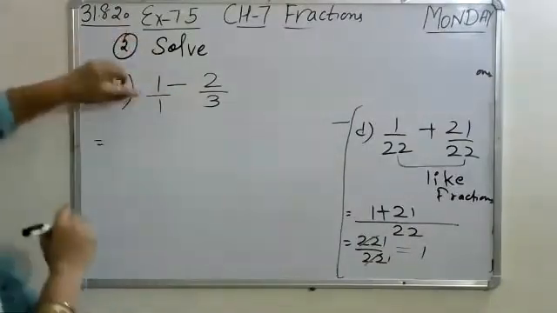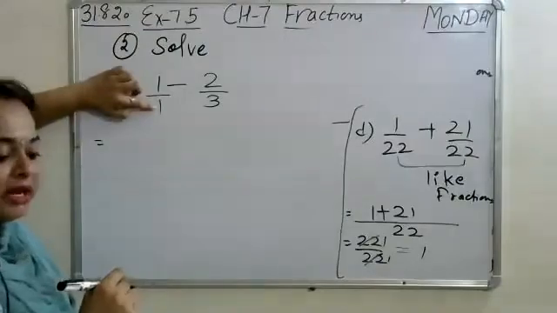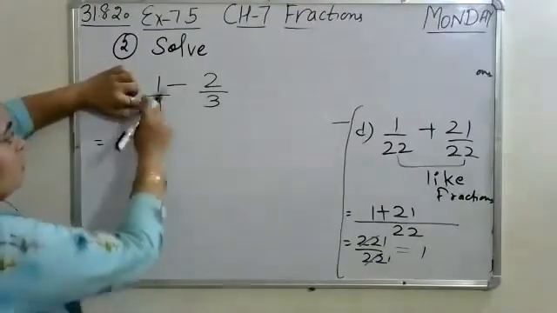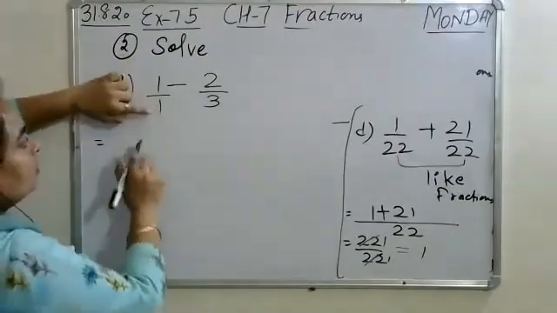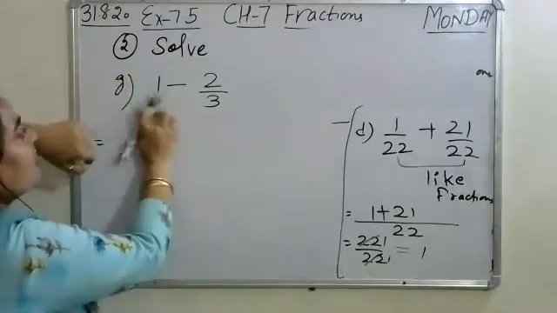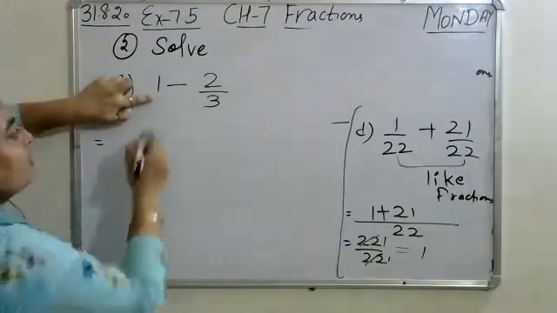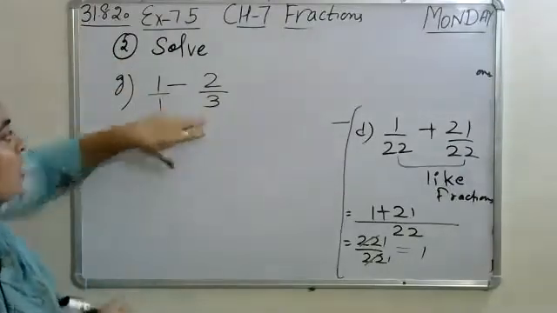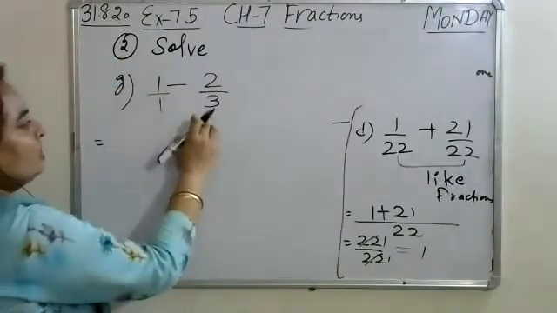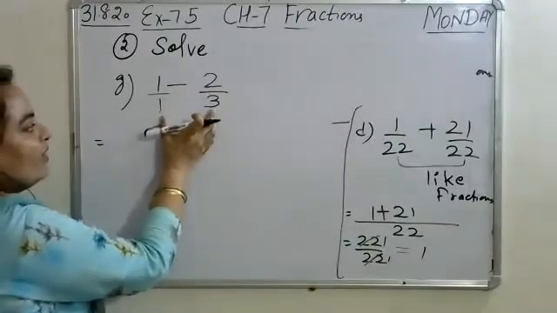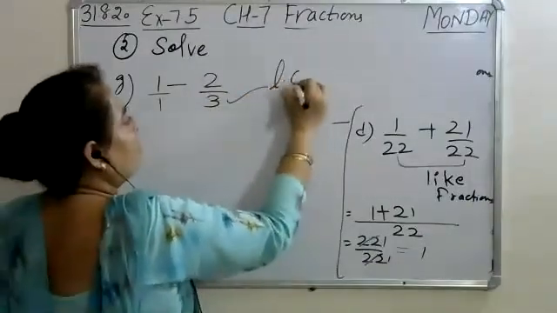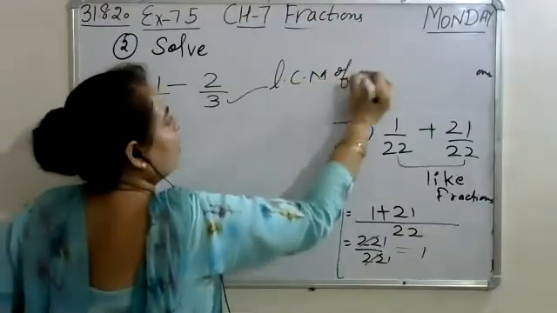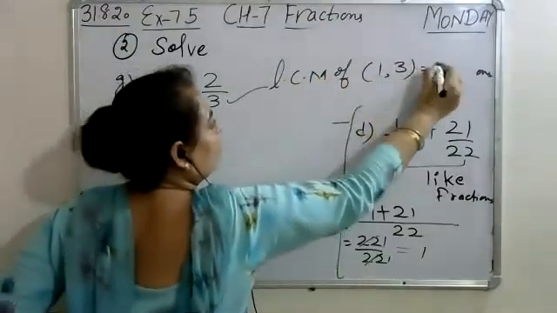Now in the first fraction the denominator is 1. This is the first fraction. The denominator is 1 because if there is nothing in the denominator then we will write 1 here. And in the second fraction we have 3. So 1 and 3. Whenever you take out the LCM of 1 and 3, the LCM of 1 and 3 is equal to 3.